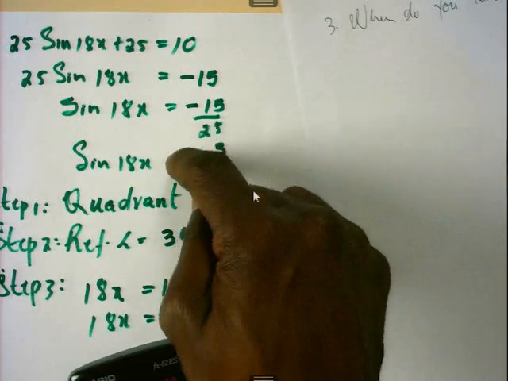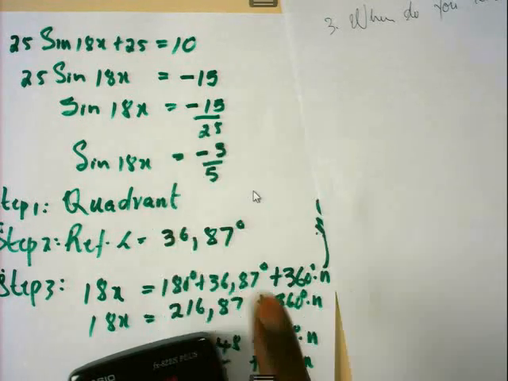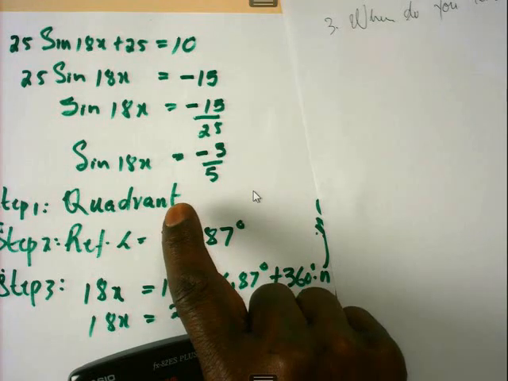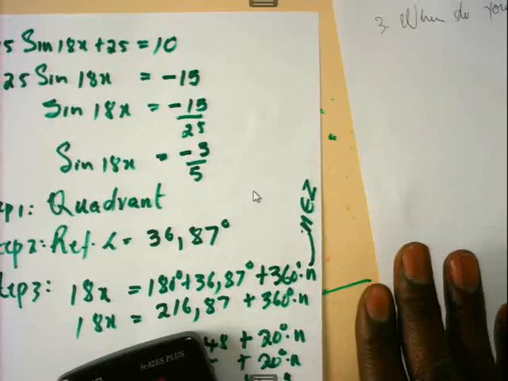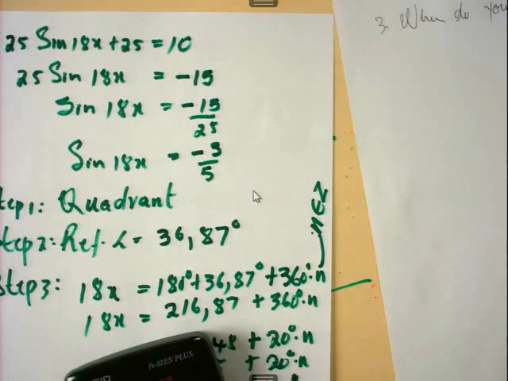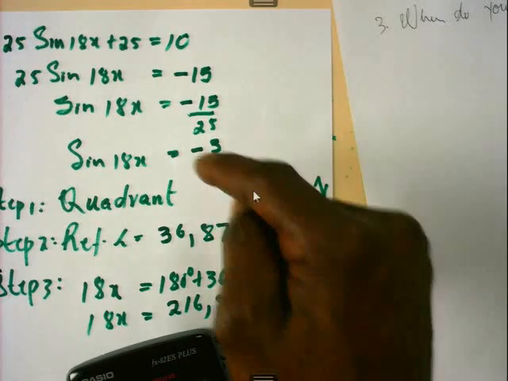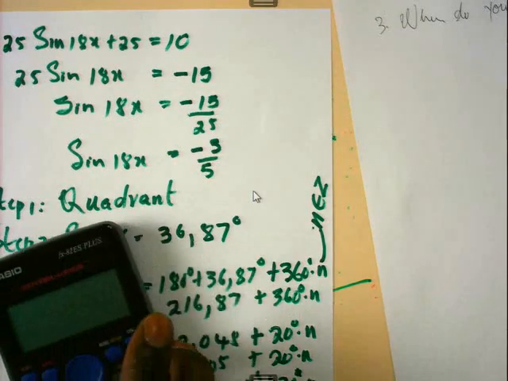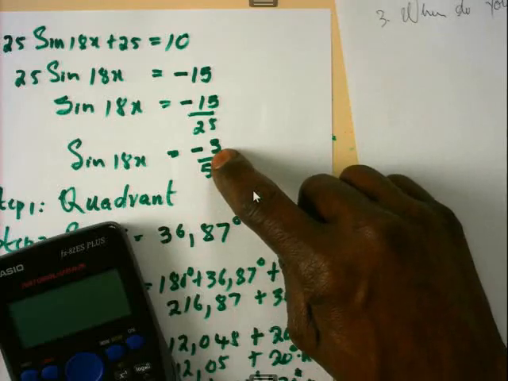We said we are done with that minus because we have identified the quadrant. That is step 1: sine is negative in the third and the fourth quadrant. So what we need to do is to find the reference angle.